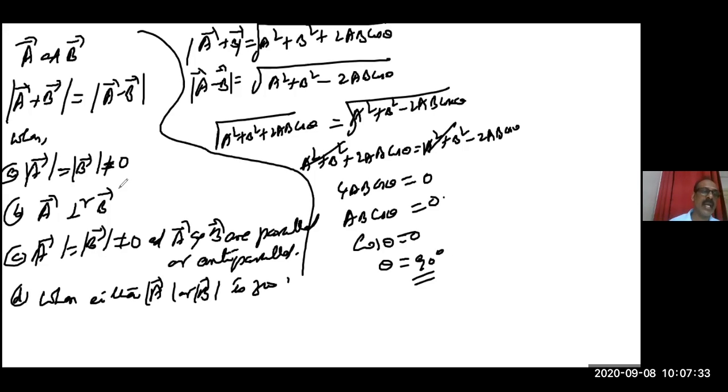Answer number B. Or either A or B is 0, they will be equal. Either A is 0 or B is 0, still they will be equal. So here you have to select two options, B and D.